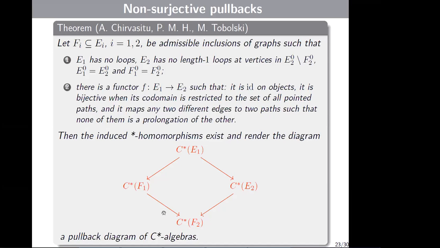And you can check that the co-restriction of this map to that map is the same as the map induced by the restriction of a morphism from the graph E1 to the graph E2. You can restrict it to a morphism from the graph F1 to F2. It will also satisfy all axioms of lemma 3, and it will induce the map. And this will agree with this co-restriction.